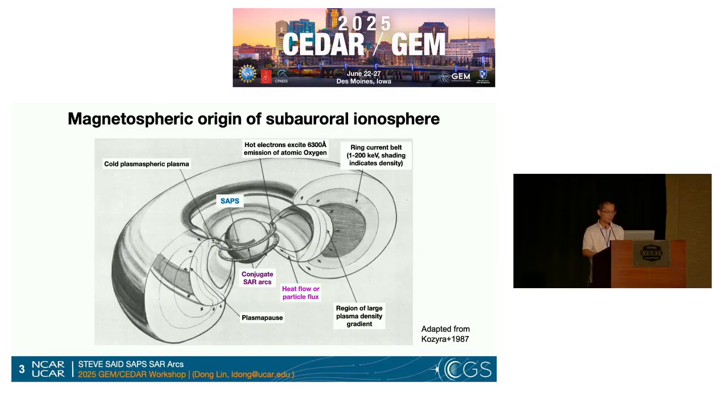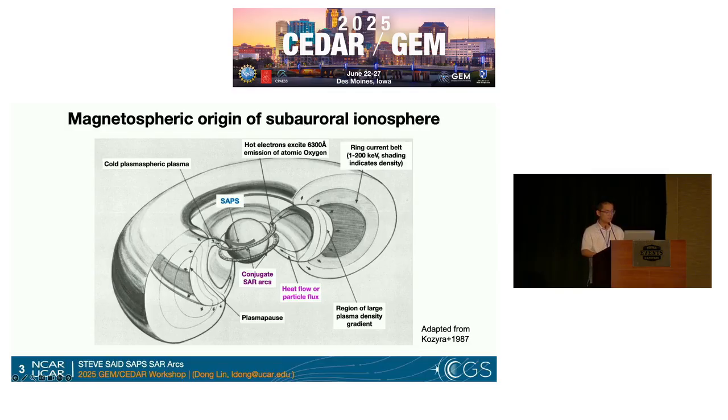When we look at this classic diagram from more than 40 years ago, and also consider the geometry of the geomagnetic field, they do have a magnetospheric origin. On this plot, I'm just highlighting the two most important drivers from the magnetosphere. One is the convection electric field, which drives the convection pattern, especially the mesoscale in this subauroral region.